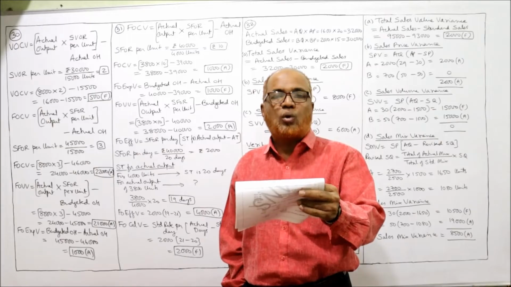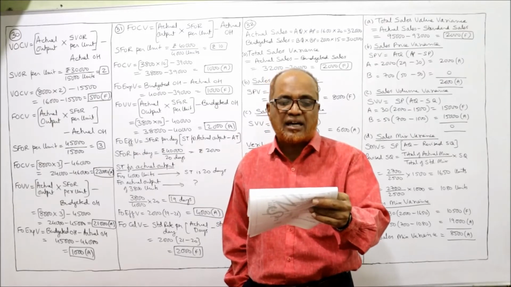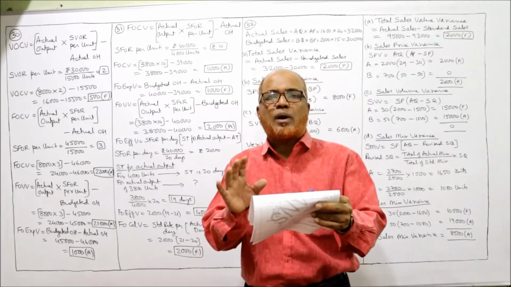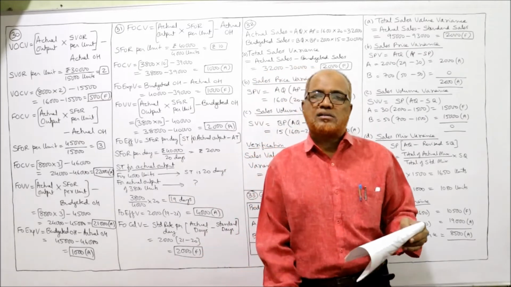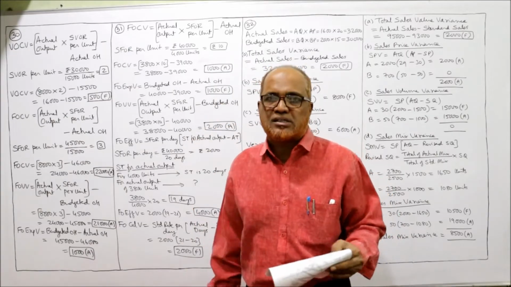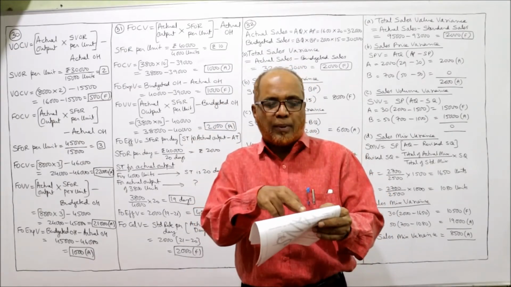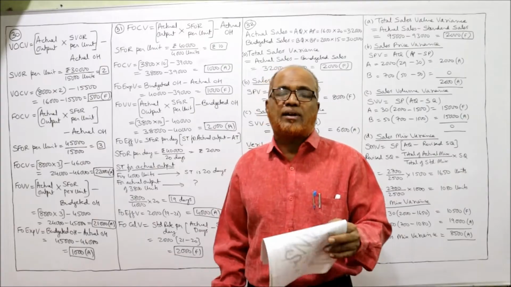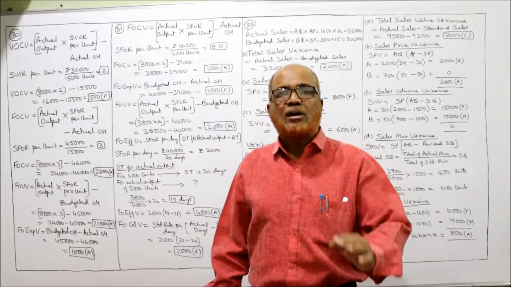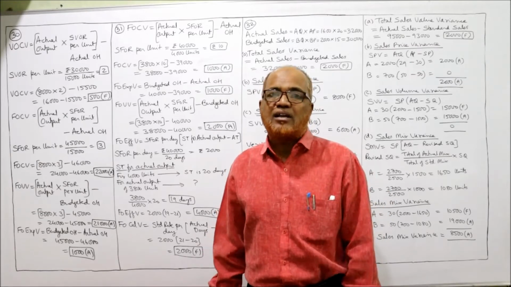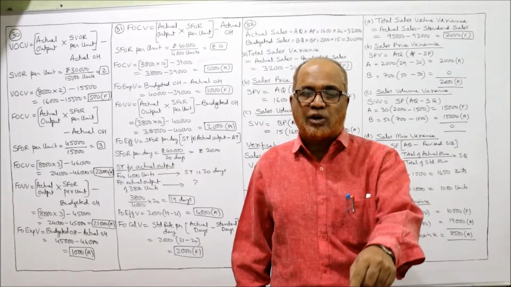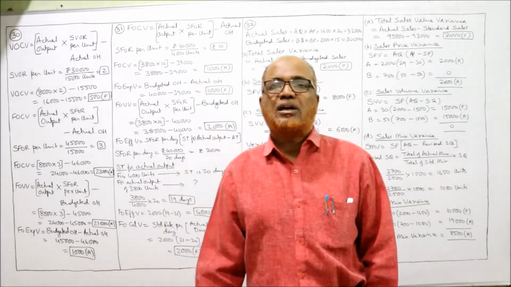And fixed overheads: standard 40,000, actual 39,000. In this problem, we are not given variable overheads, so we have to calculate only fixed overhead variances. The new point given in the problem is that working days are given. In the previous problem, working days were not given. So here one more formula, fixed overhead calendar variance, we also have to calculate because the number of working days are given.